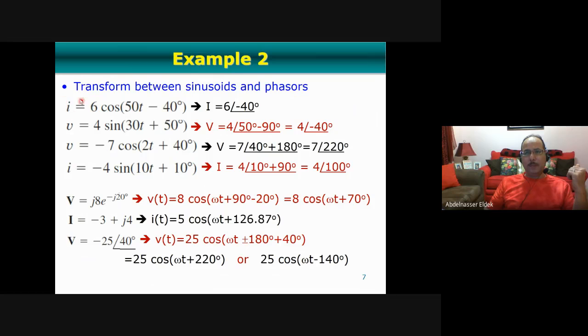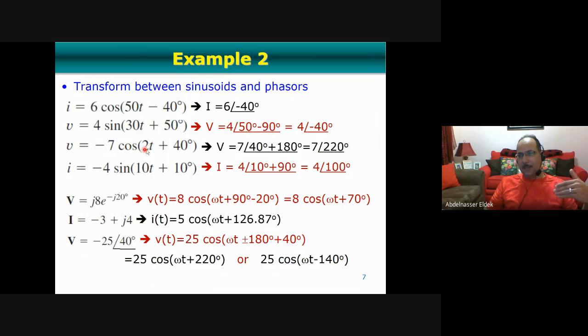When you have a function of time, we usually use small letters, i of t, and if we use a phasor, it will be capital. Here v equals 4 sine. To convert from sine to cosine, you just add a negative 90 degrees. Then the amplitude will be 4, and the phase will be 50 minus 90. Minus 90. That's it.